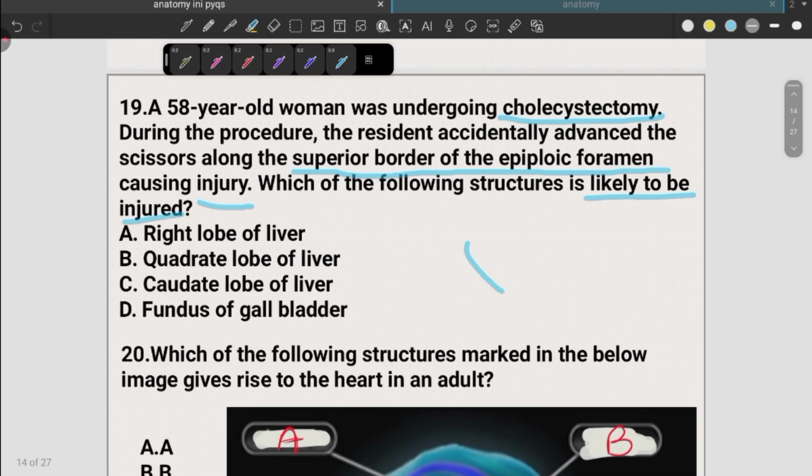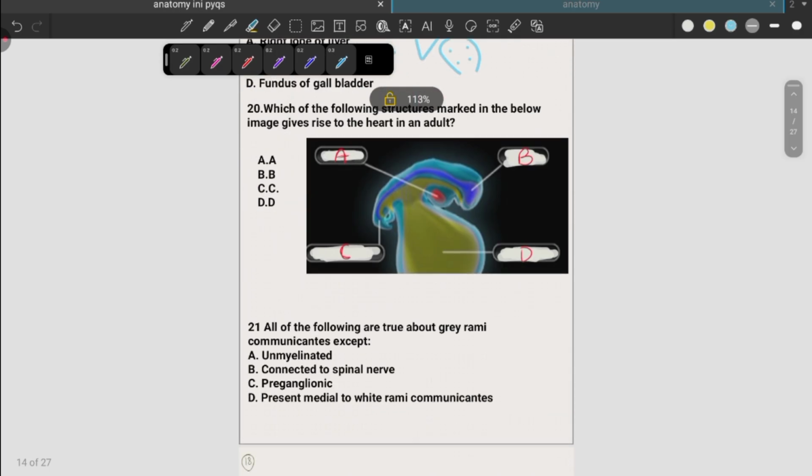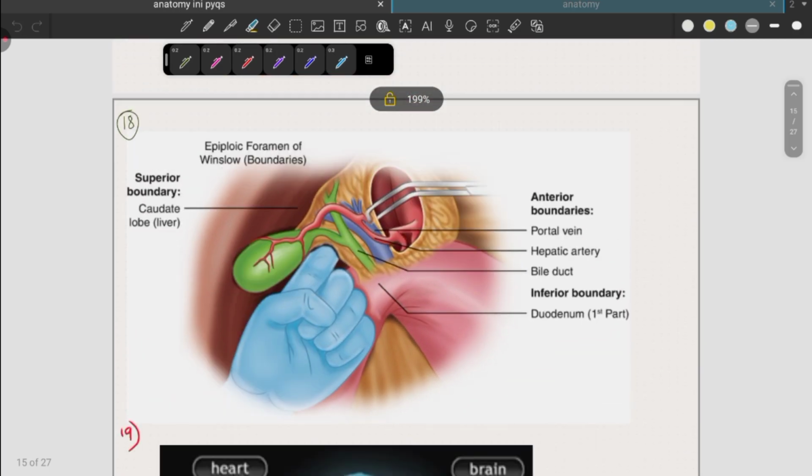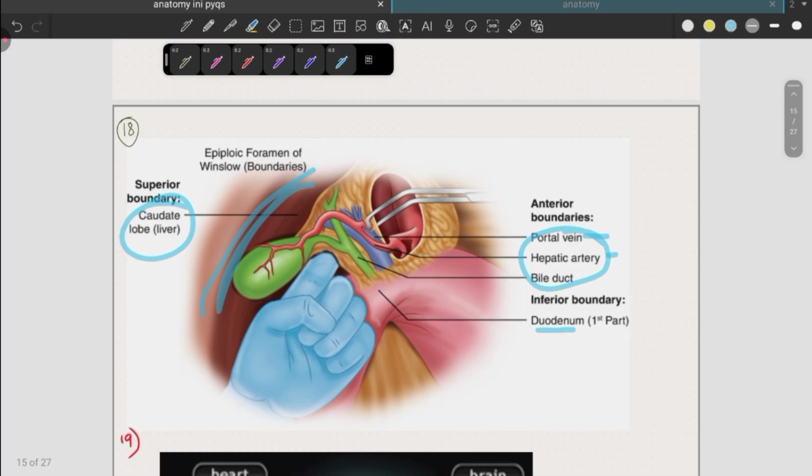So when the epiploic foramen gets injured, the main structure of the liver that gets injured is the caudate lobe, because it forms the superior border of the epiploic foramen. You can see the picture here. The superior border is formed by the caudate lobe, the anterior boundary is by the portal vein, hepatic artery, and bile duct, these are actually the contents, and inferiorly by the duodenum.